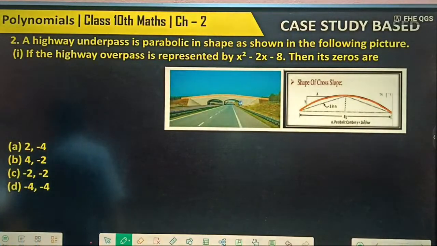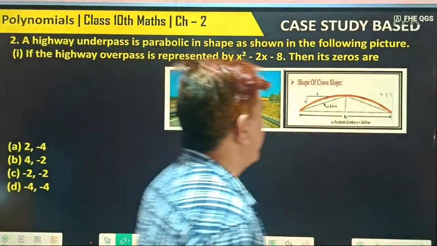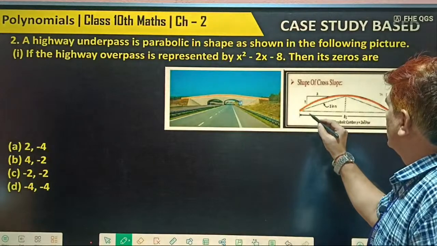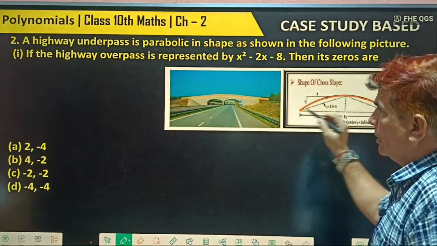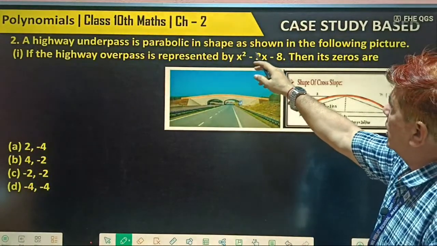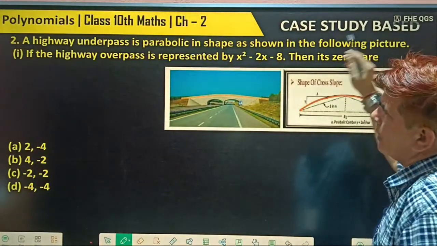A highway underpass is in parabolic shape as shown in the following picture.